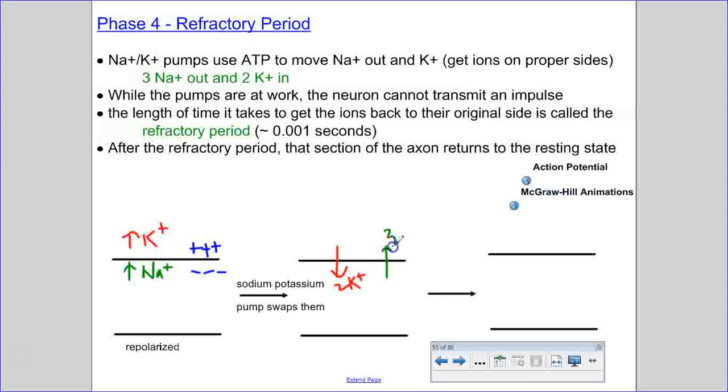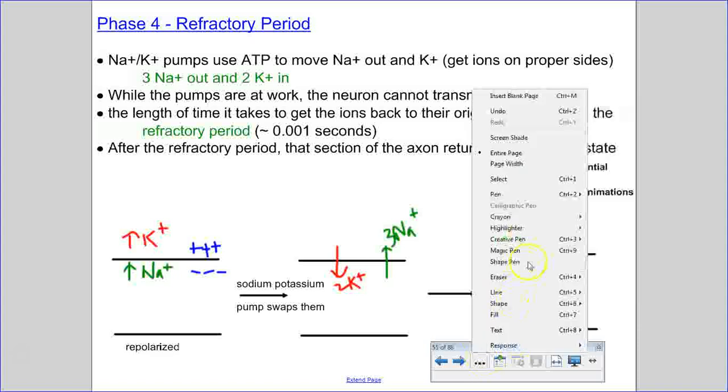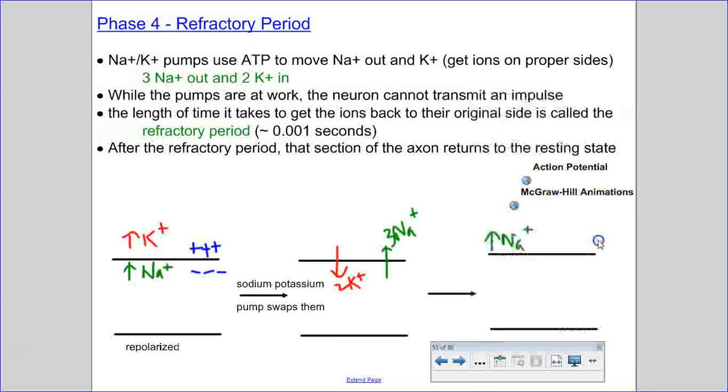It sends 3 sodiums out. So we end up with lots of sodium outside and lots of potassium on the inside.